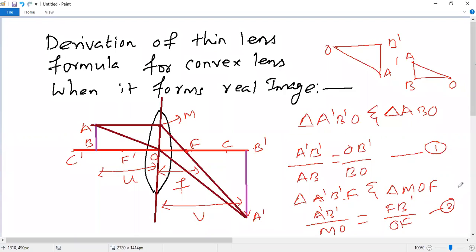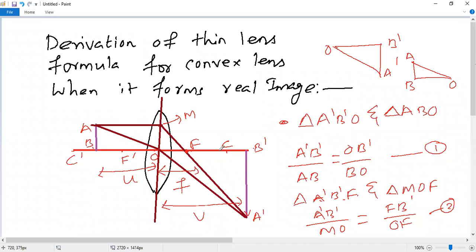Up to that, please take notes. If you have any doubt, you can ask. This is the first triangle, first step, related to the optical center: object position and image position related to the optical center. That is the first condition. The second condition is related to focus.